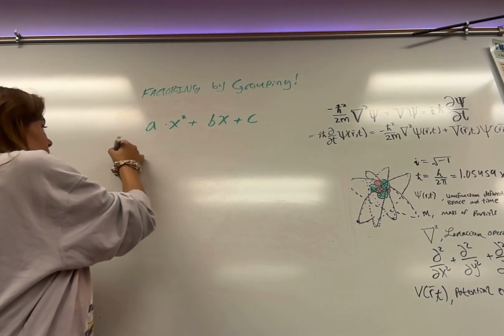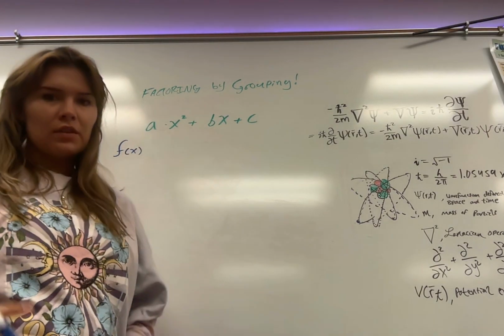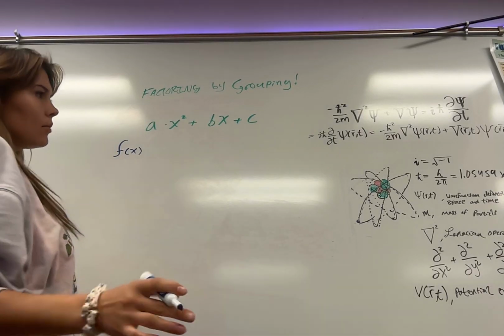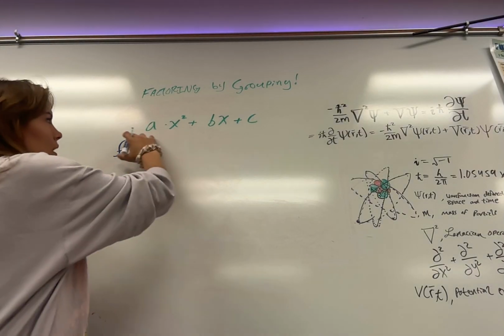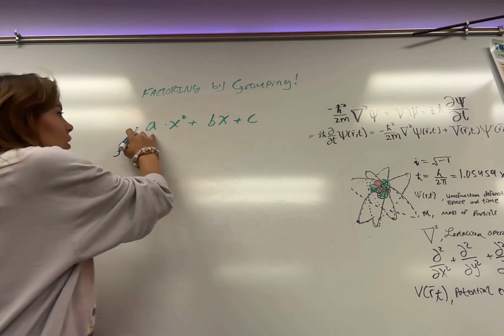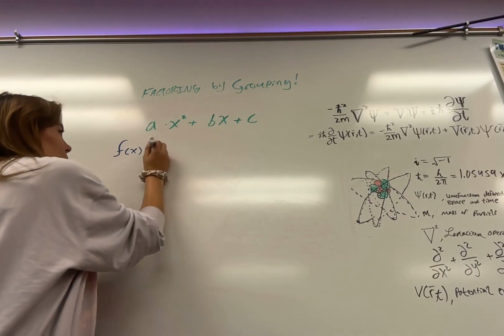So here's an example. F of x, this just means this is some function of x. You may not have come across this terminology, but I just like to use it because I don't like just writing equations up there. This isn't an equation unless you have an equal sign. It's an expression as is, but this becomes an equation.